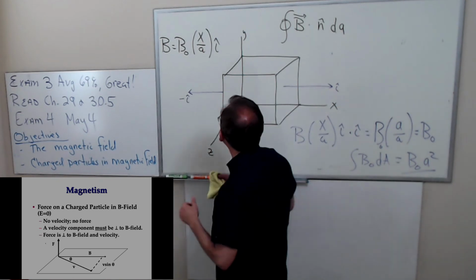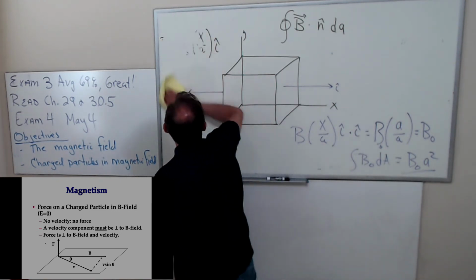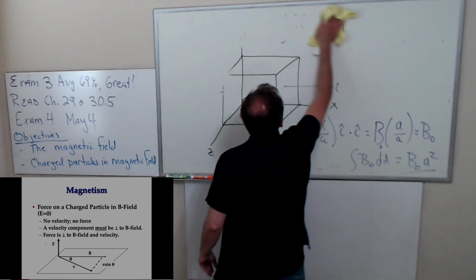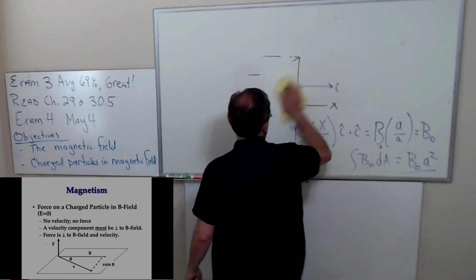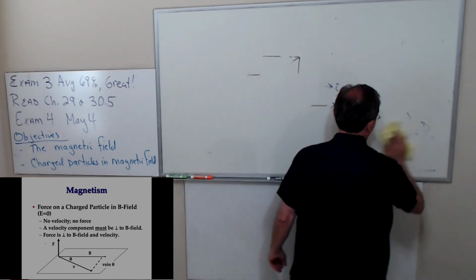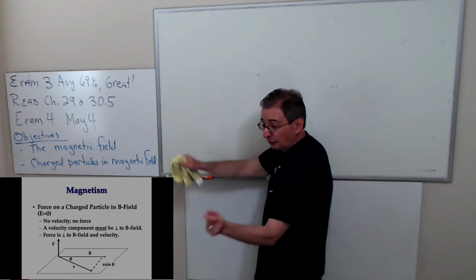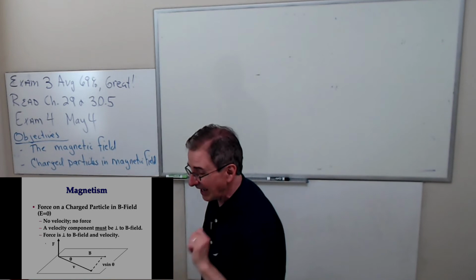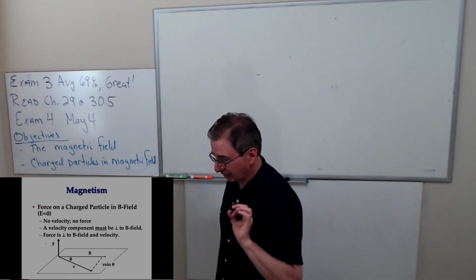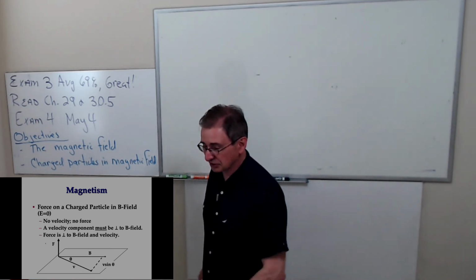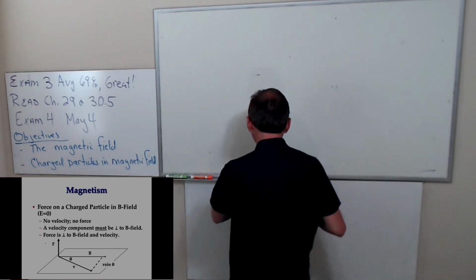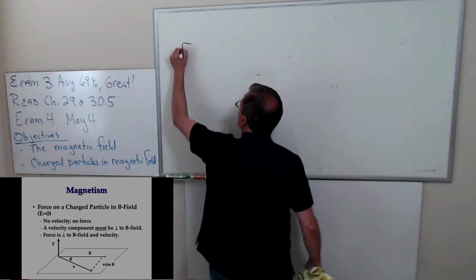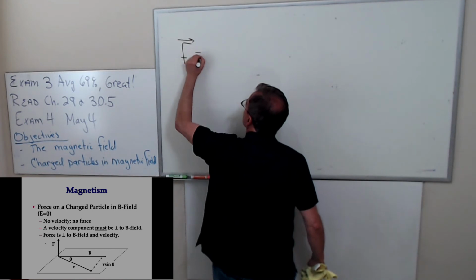What does that suggest mathematically? Oh, by the way, the force itself is perpendicular to both v and B. Yes, Chase, it's basically a cross product. The actual force on a charged particle in the magnetic field looks like this.